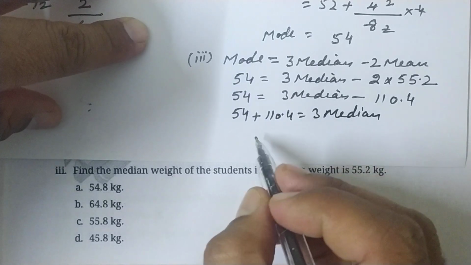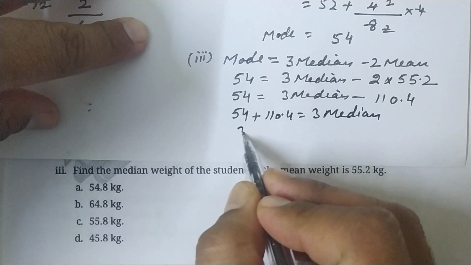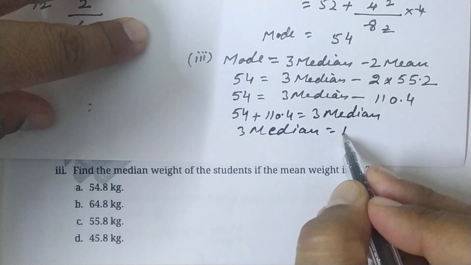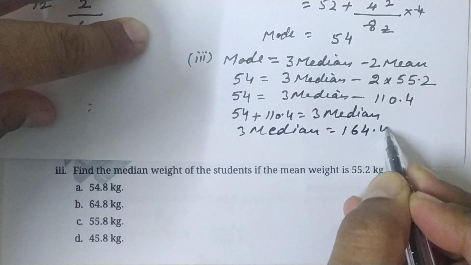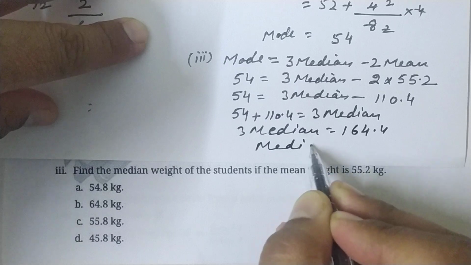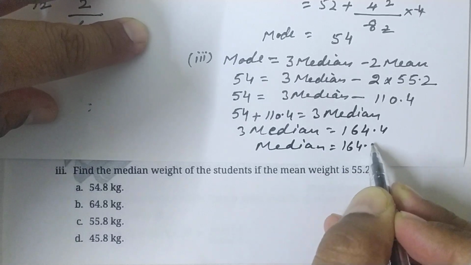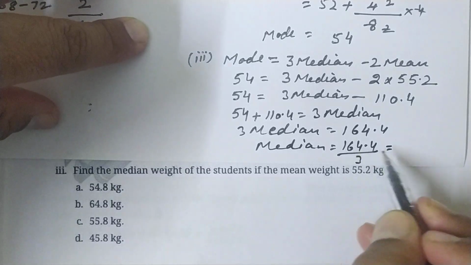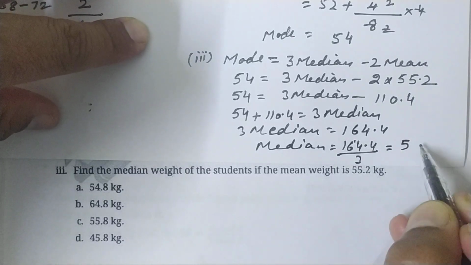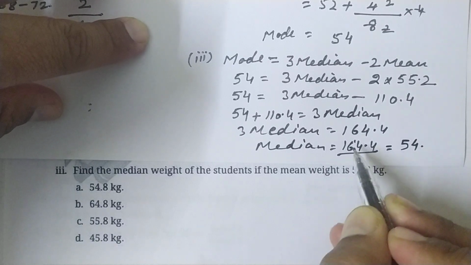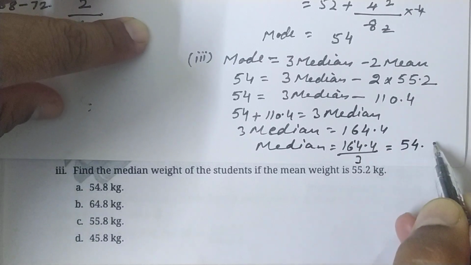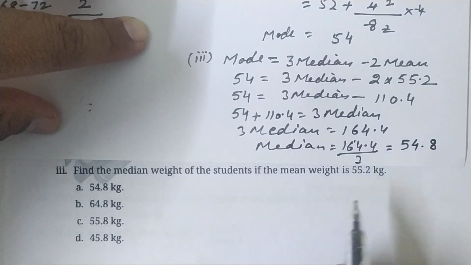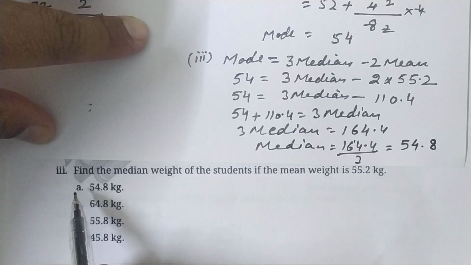So 3 median is, adding these, 164.4. So median is 164.4 divided by 3. So 3 5s are 15, 1 is left. 3 4s are 12, 2 is left, becoming 24, so 3 8s are 24. So the median is 54.8. So the first option is correct here.